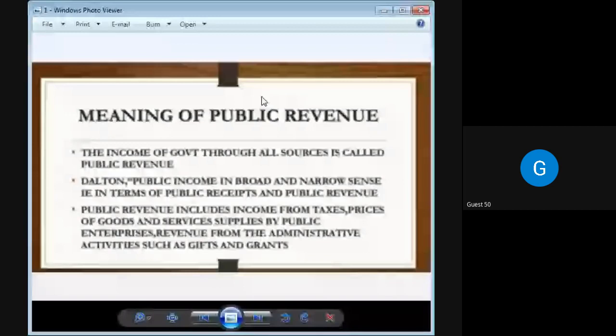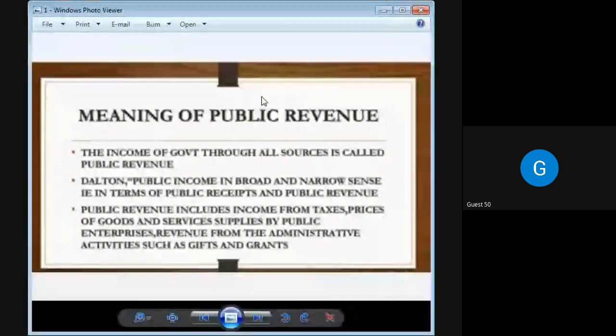So public revenue includes income from taxes. The first source of public revenue is tax: the different types of taxes which the government imposes on citizens, on businesses, and on other things.